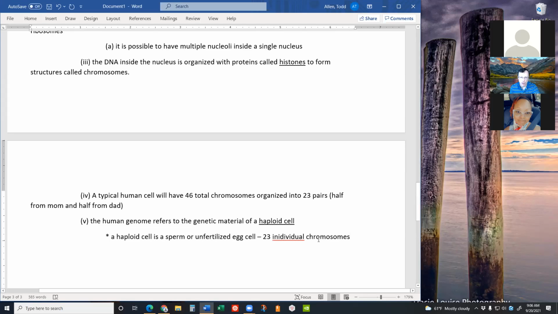The only cells in our body that are haploid are the sex cells, the sperm and the egg. By far, most of our body cells are in fact diploid, which is the 46.